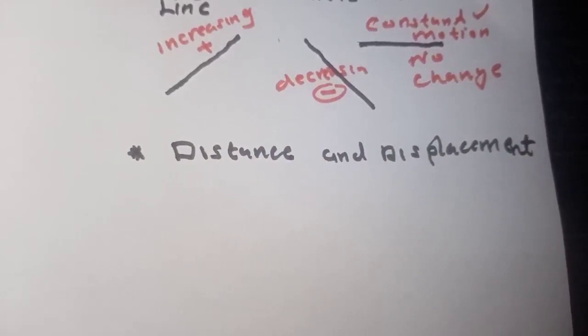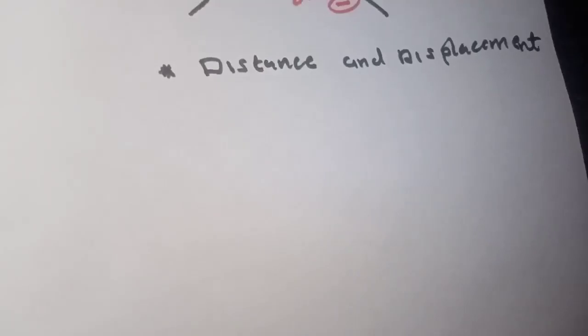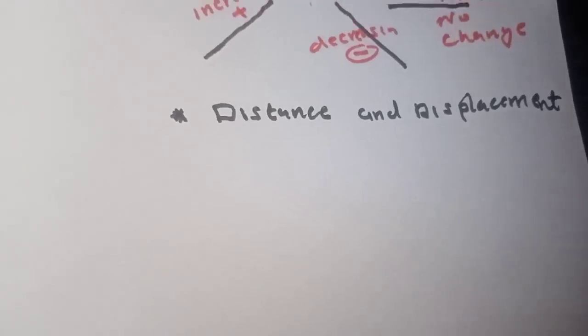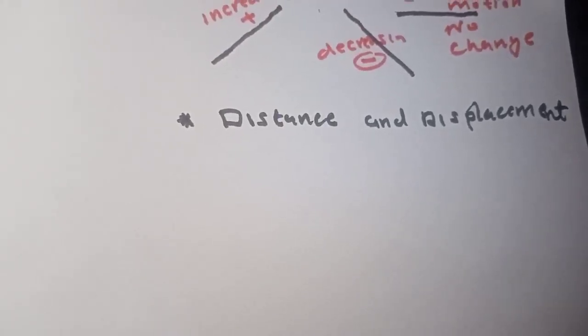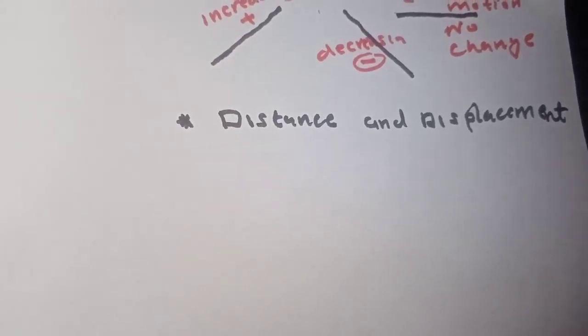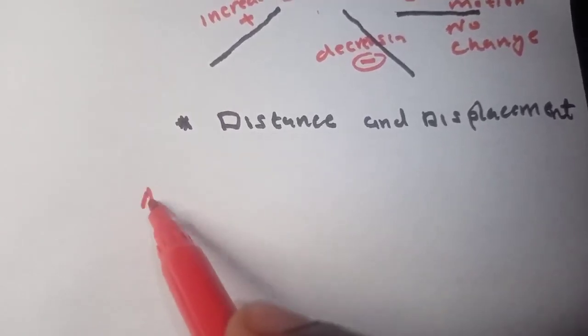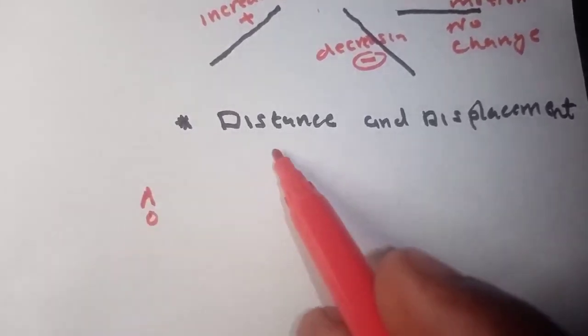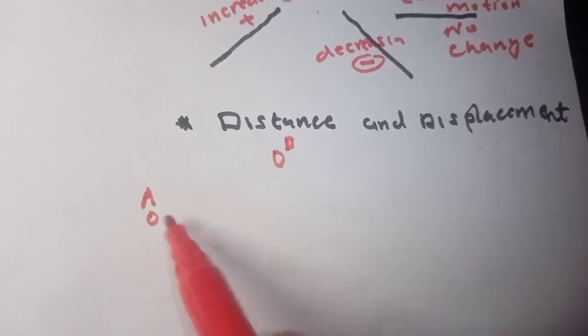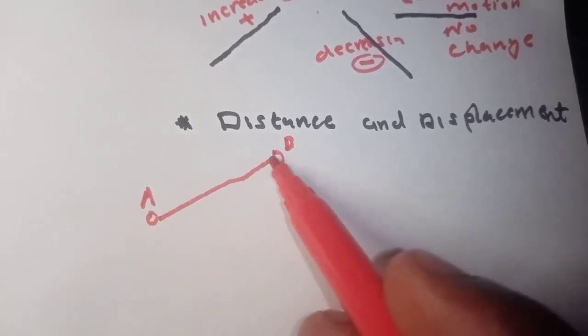Distance, we can define as the total length taken between two points. So if you have point A here and point B there, you take down this length.